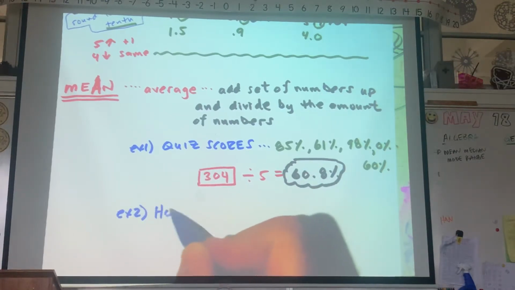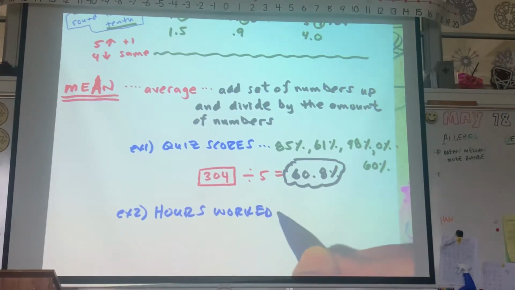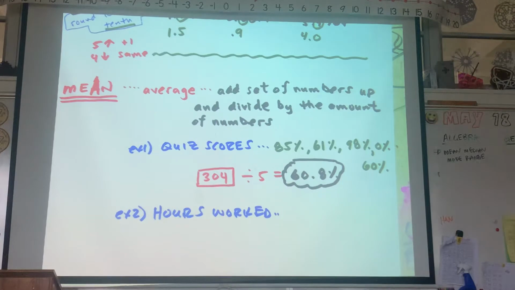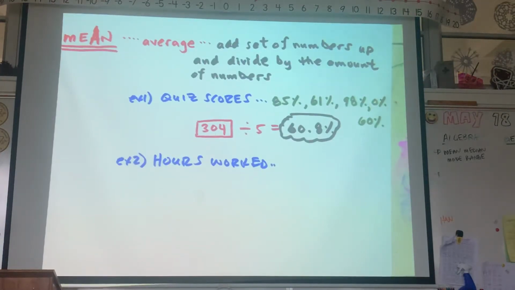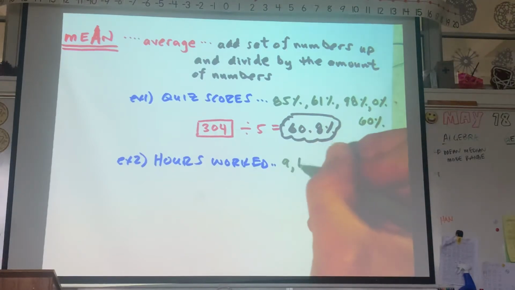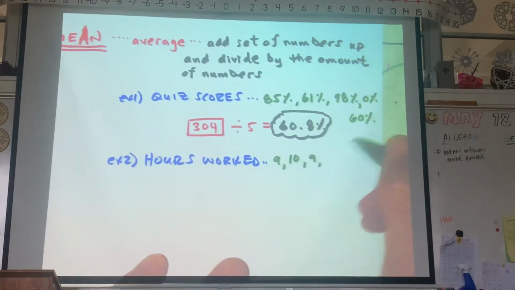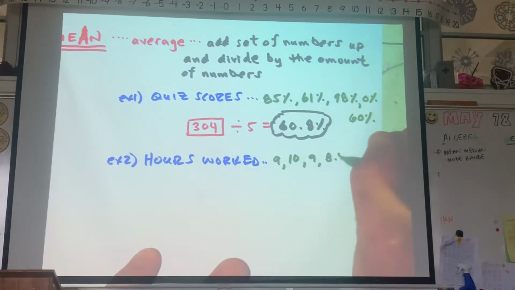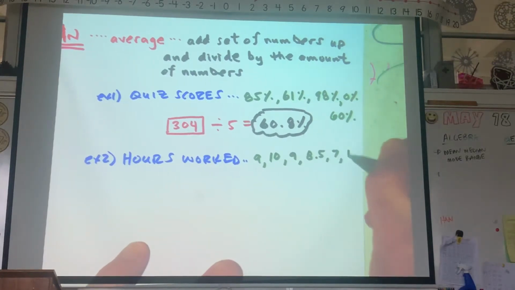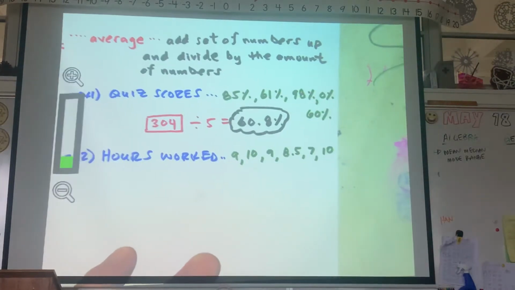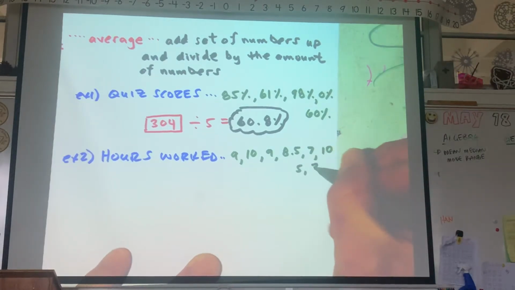All right? Let's do one more example. We're going to go hours worked, like your shifts, okay? Like a work shift. You worked 9 hours, 10 hours, another 9 hours, 8.5, 7, 10, 5, and 3.